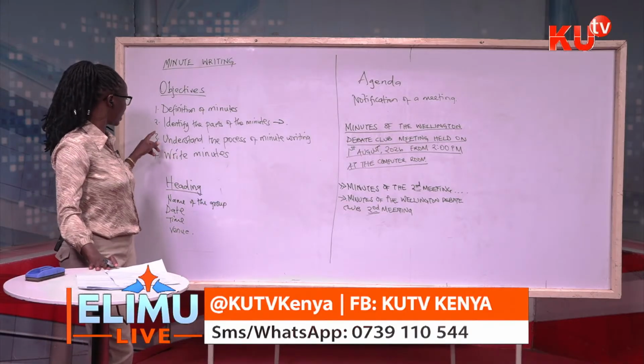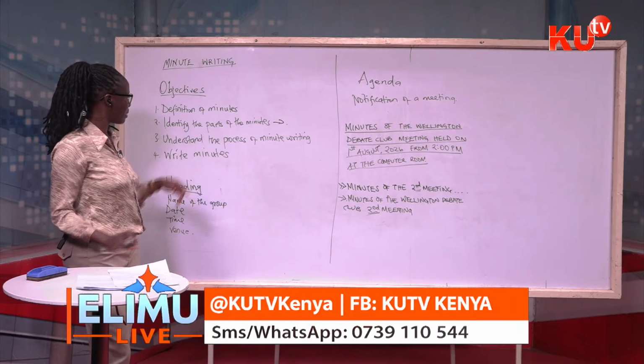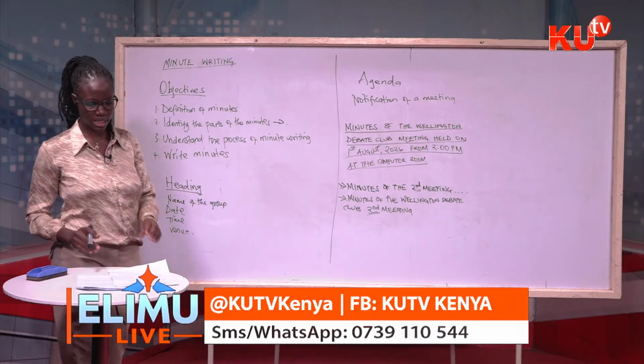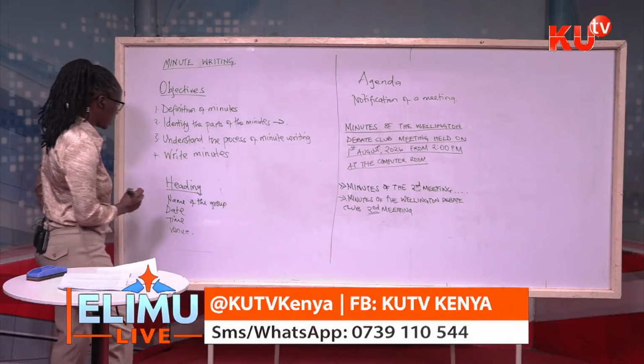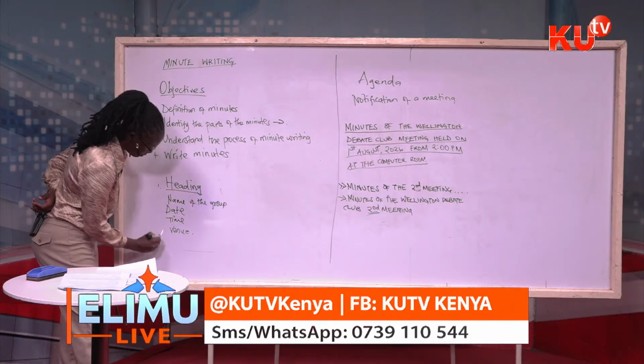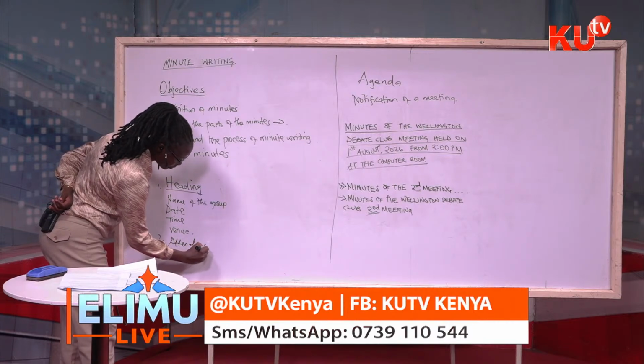So another thing about identifying the parts of the minutes, or rather the format, is that once you are done with the heading, you come to the attendance. Number 2, we have the attendance.